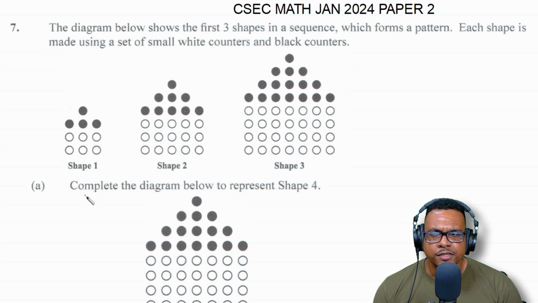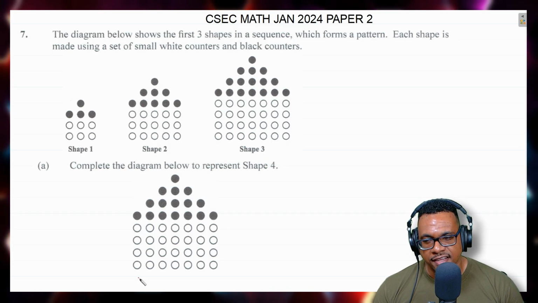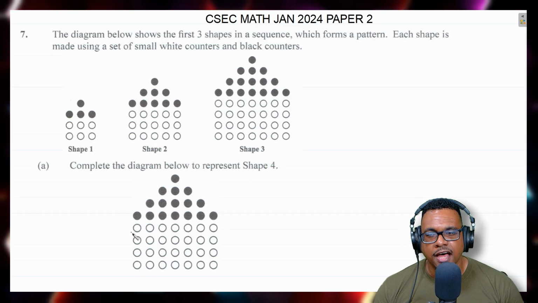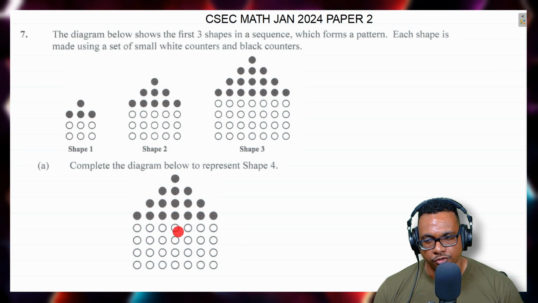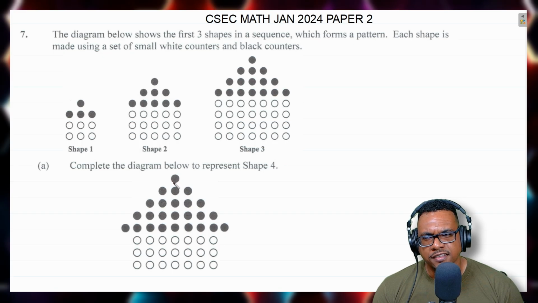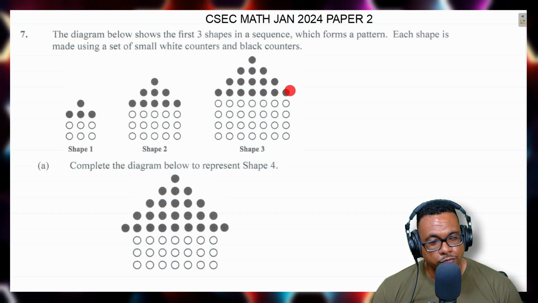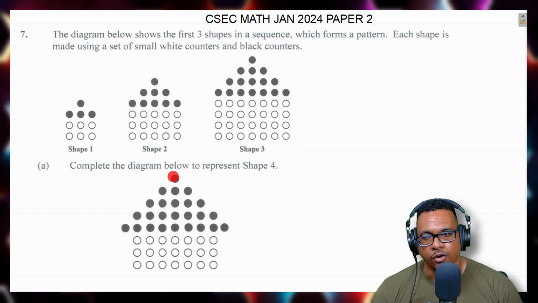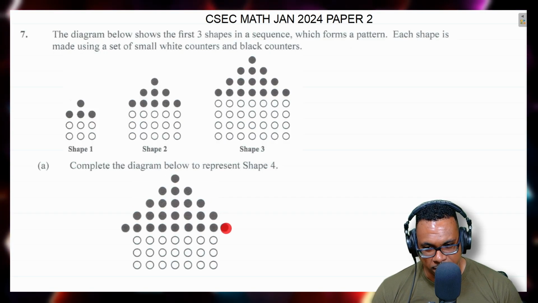So now if we want to complete the diagram below to represent shape 4, we need to add an extra row of white counters, and we need to put a column on either side here, and also have an extra row of black counters. So what I have here so far is 4 rows of black counters, and now I have 5 rows of black counters.